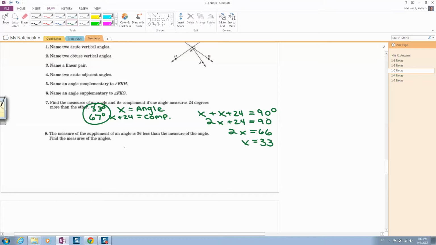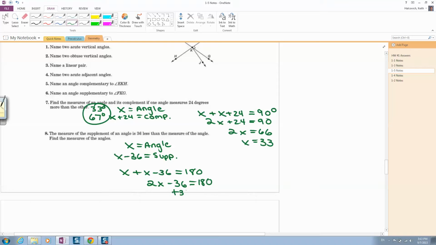Same thing here with supplementary. If x equals the angle, and x minus 36 would be the supplement. And when you add those up, they have to equal 180. So 2x minus 36 equals 180.